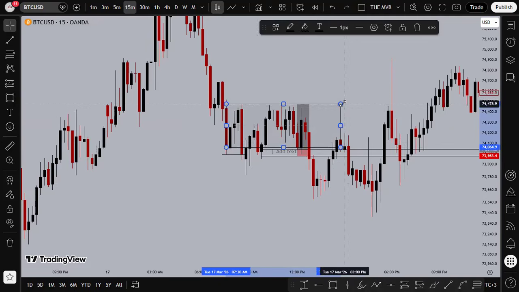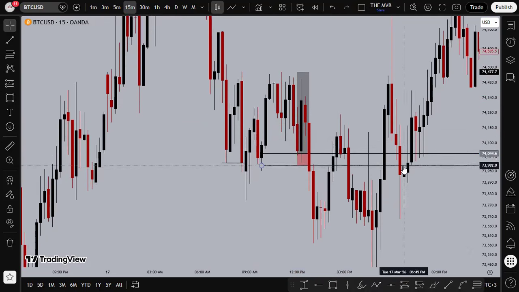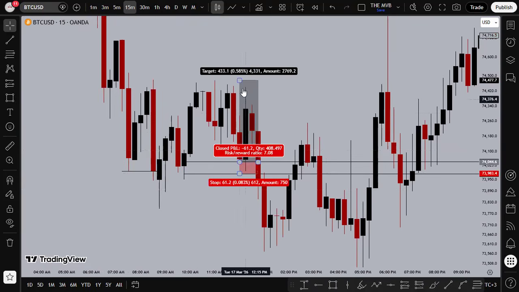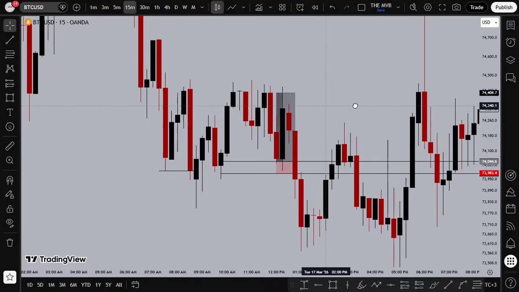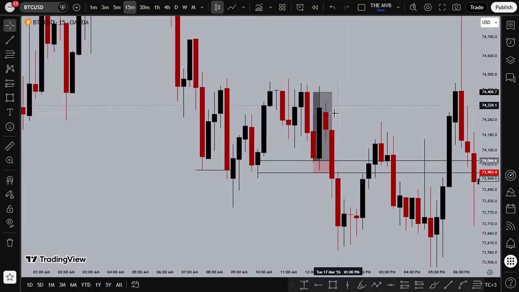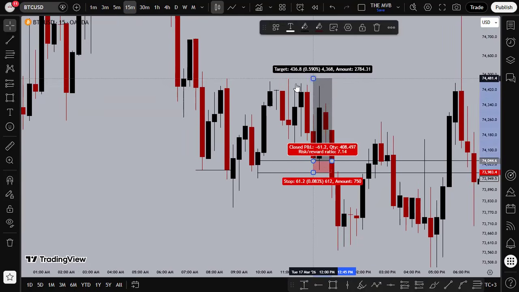And the second mistake: I always put my take profit on the bodies of the turning points. If I had put my take profit on this body, it would have been a very good trade. But I put my take profit on those wicks because I saw rejection.